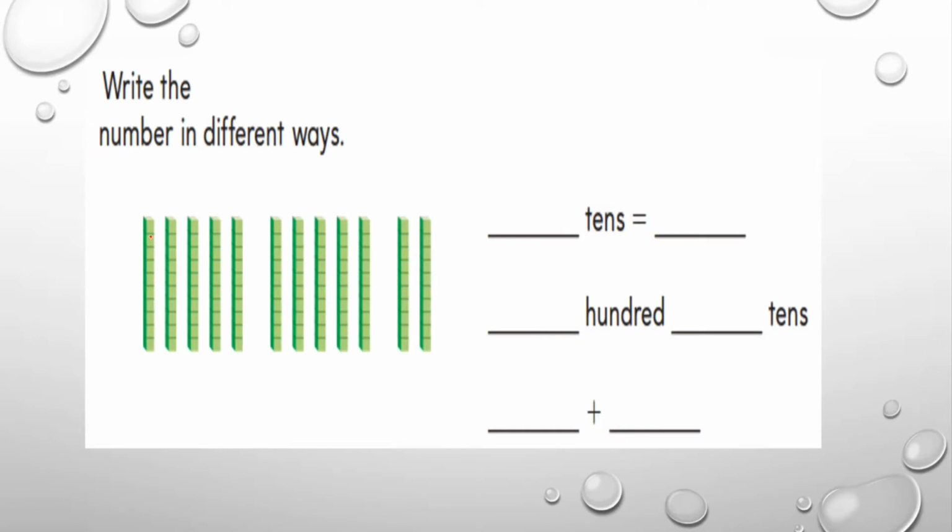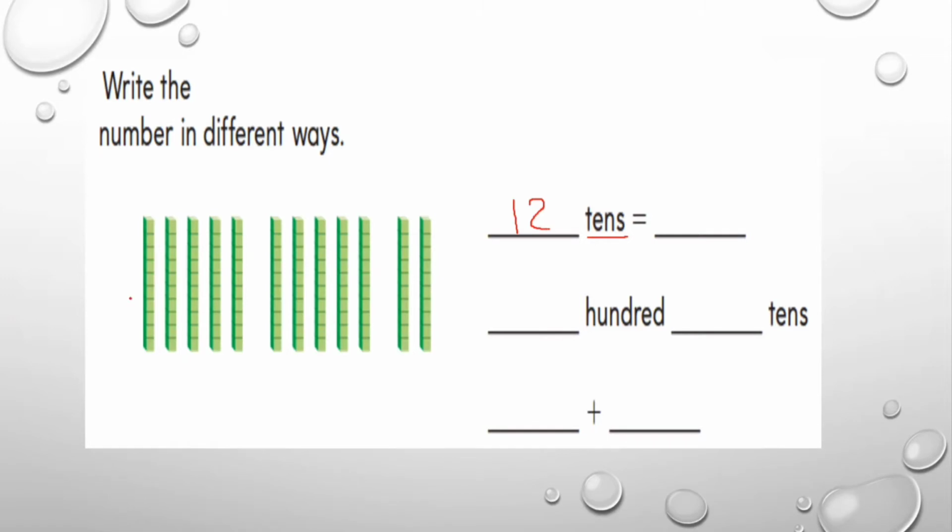So each line represents 10, right? 10 means tens, right? So let's count 1, 2, 3, 4, 5, 6, 7, 8, 9, 10, 11, 12. So we have 12 tens.